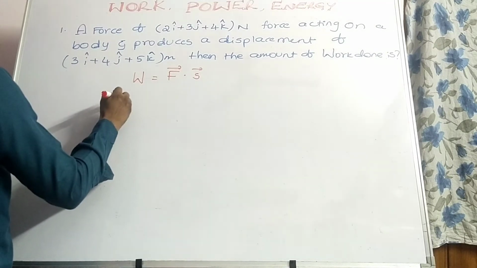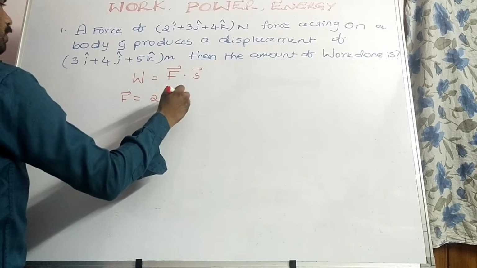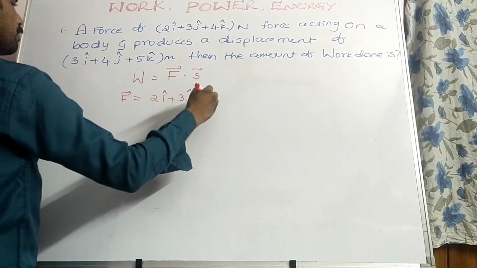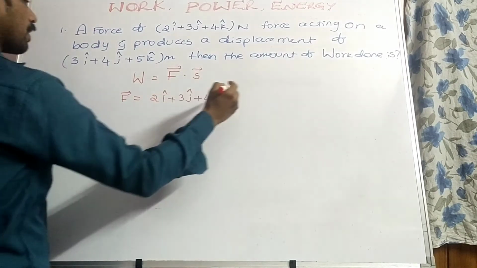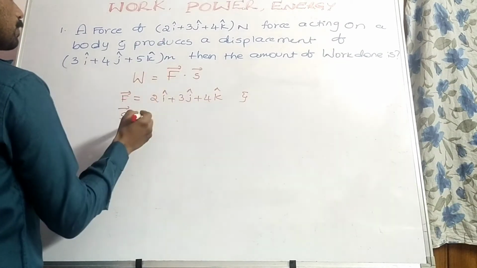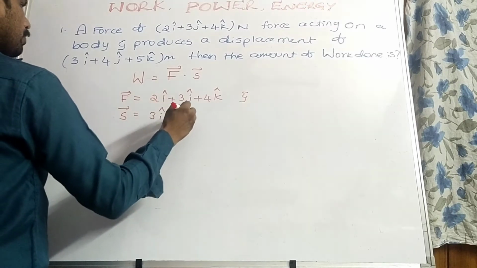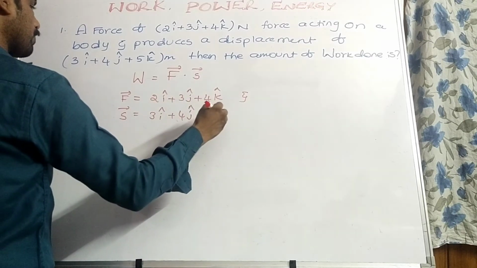Here we have the force value, F bar is equal to 2I cap plus 3J cap plus 4K cap, and S bar is equal to 3I cap plus 4J cap plus 5K cap.